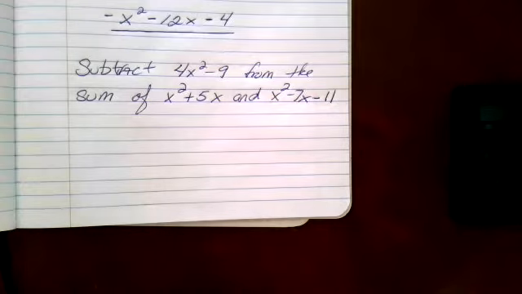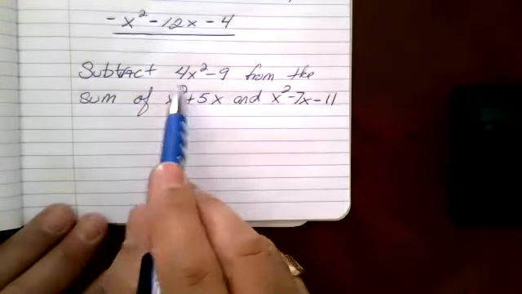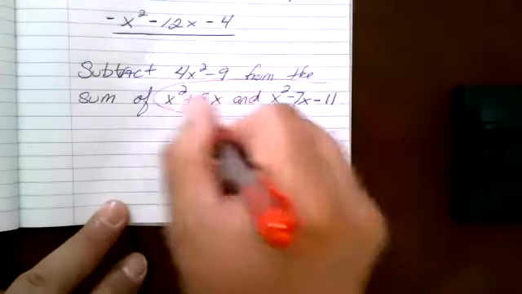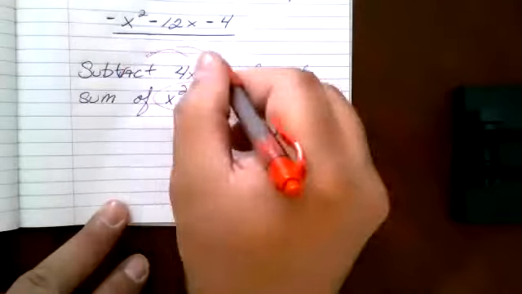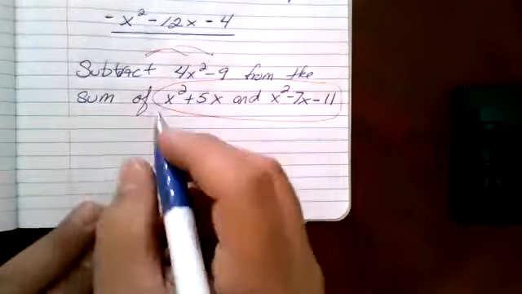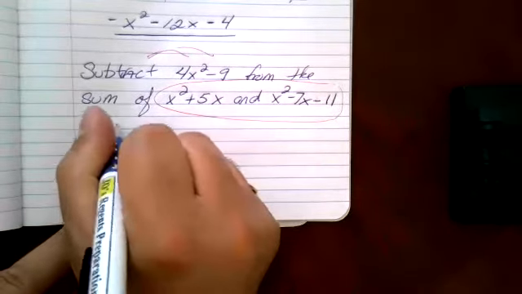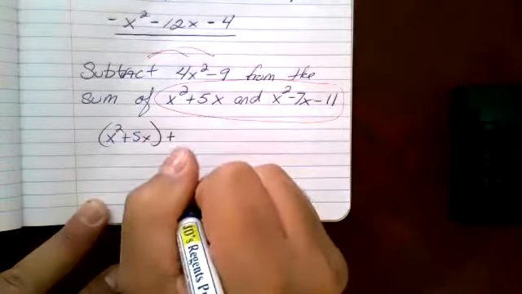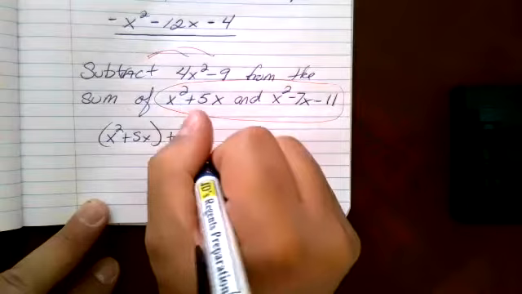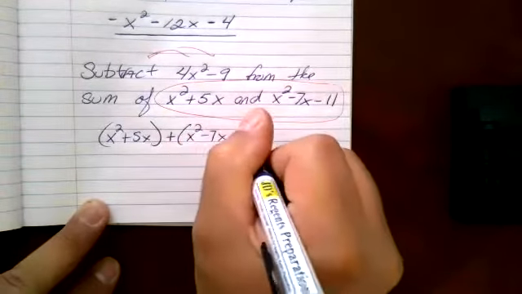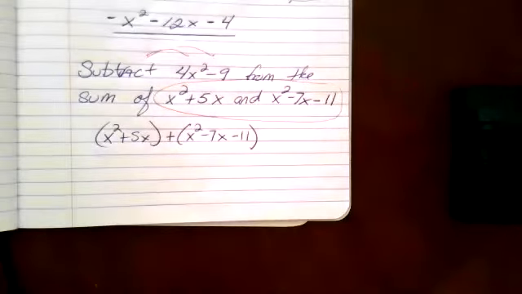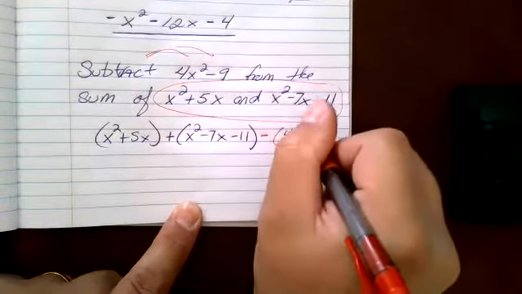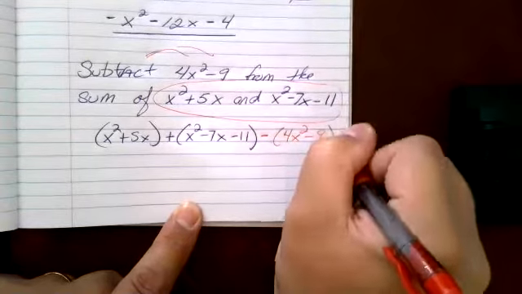Let me start this a little bit. Let's see. We're subtracting this from the sum of these, right? So I'm adding this, and then I'm subtracting those two. So I could write this as x squared plus 5x plus x squared minus 7x minus 11 minus 4x squared minus 9.